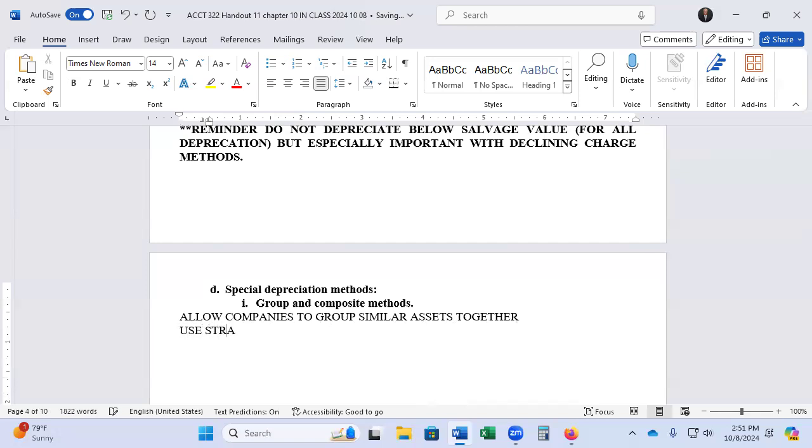And so you use straight line depreciation for each, then calculate the sum of the depreciation and divide by the historical cost.